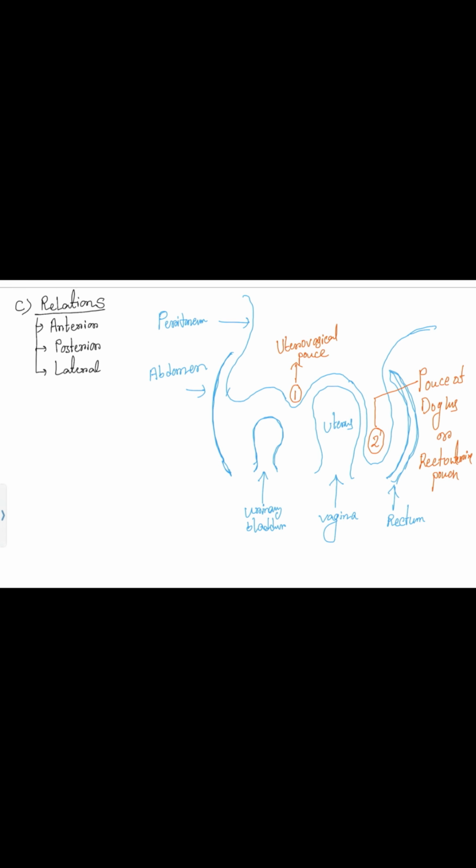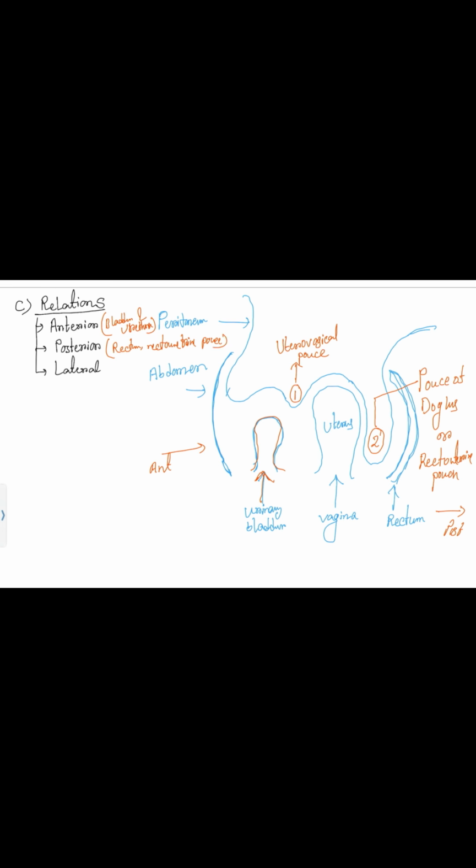So anteriorly, the vagina is located with your bladder and urethra. This is the anterior portion, this is your posterior portion, right? So anteriorly first the urinary bladder will come, along with the urethra. Now posteriorly, as you can see, the rectum will come, along with the recto-uterine pouch.